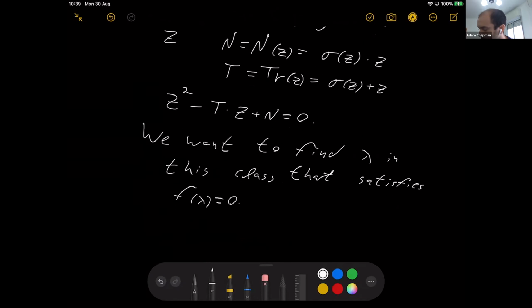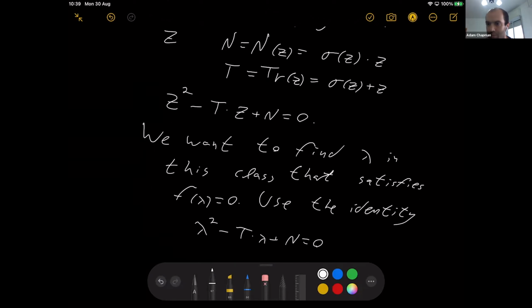So just use the identity lambda squared minus t times lambda plus n equals 0 to reduce it to a linear equation.